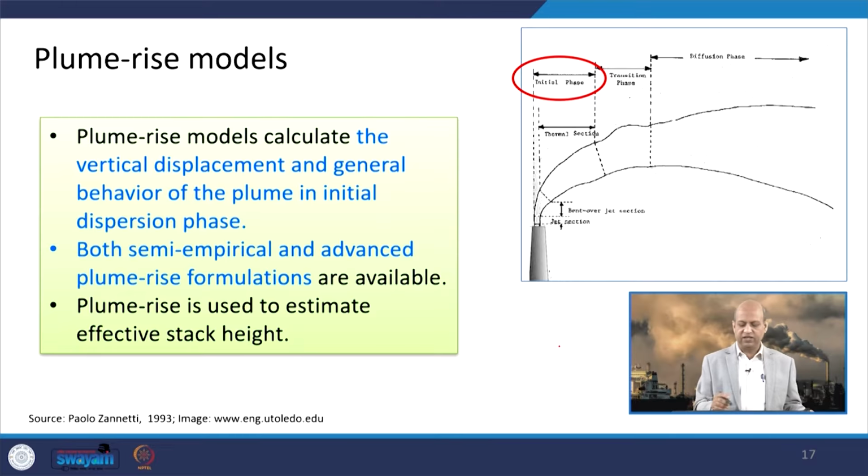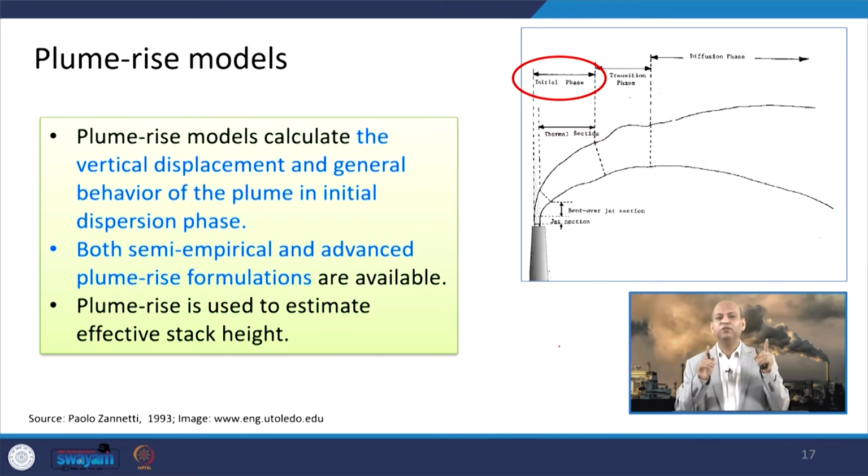As I said, this plume rise could be because of buoyancy, because of the temperature difference: atmospheric temperature is less and the exhaust gases are coming out at very high temperature. So, the buoyancy is there because of this temperature difference, and it goes up. Then momentum is also there, because it is coming out with a speed.